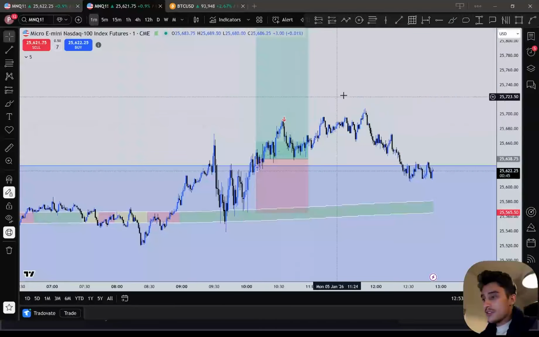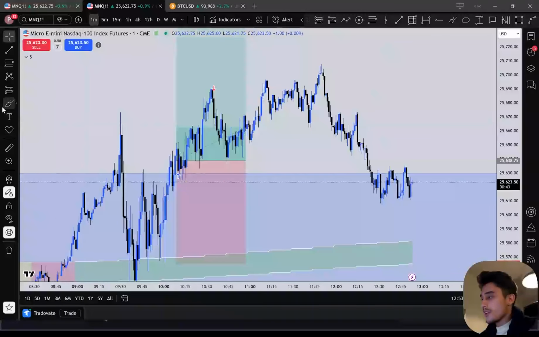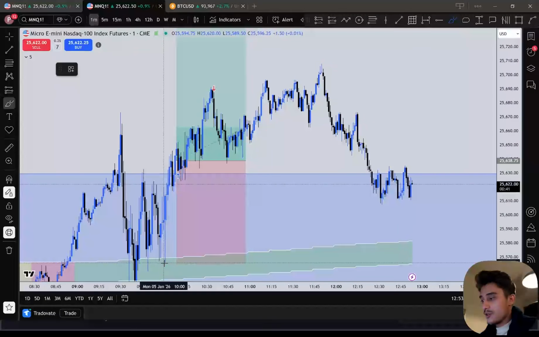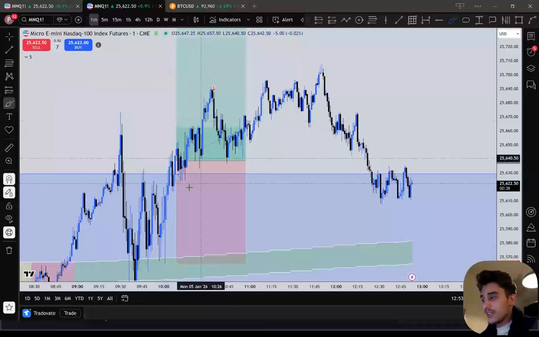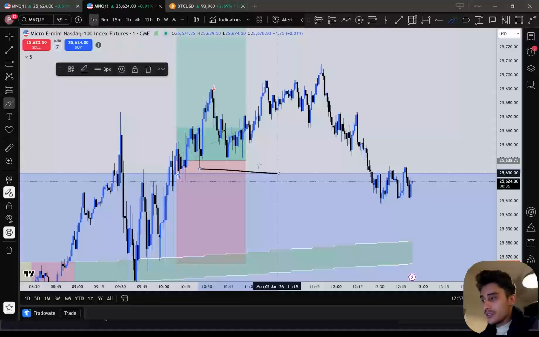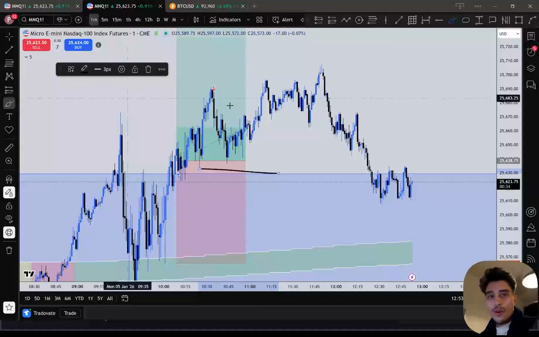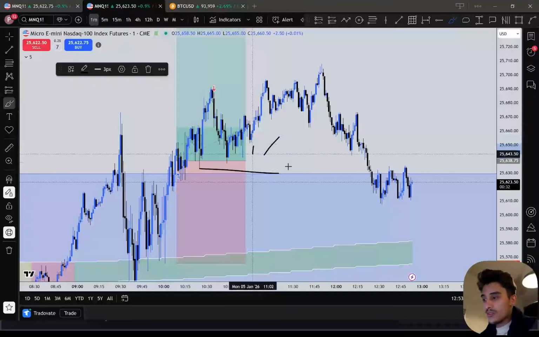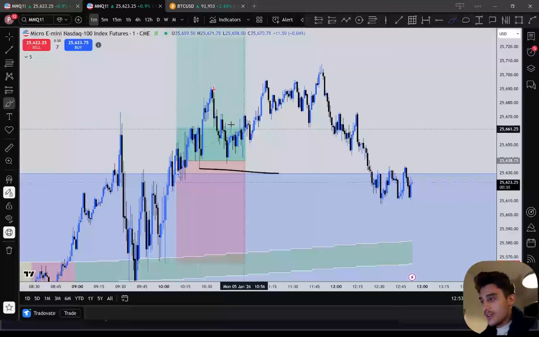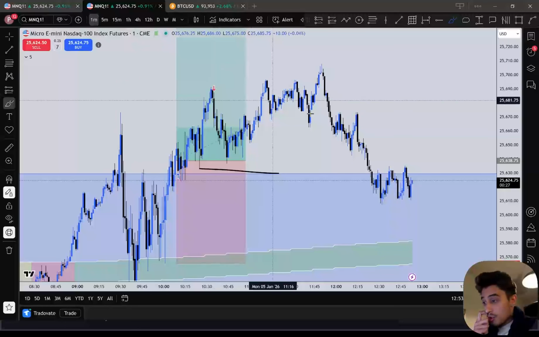So this was my entry, and then since I knew this day was low probability, I trailed aggressively. I trailed my stop loss immediately to here, and then after we went higher, I trailed to here, and I really did not want to let this trade go back to break even or lower, because in my mind this was a low probability day.